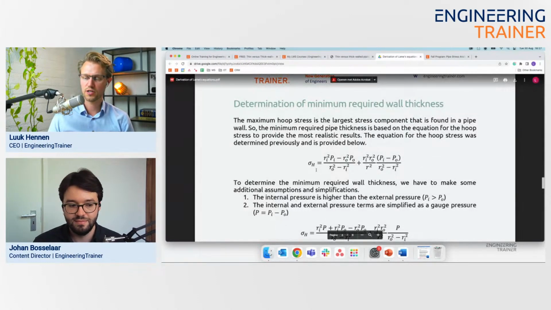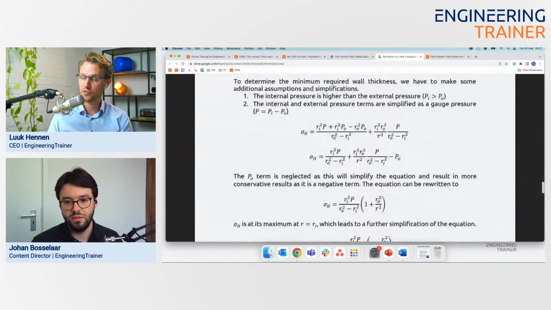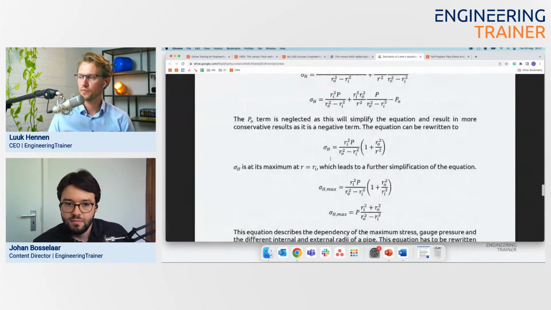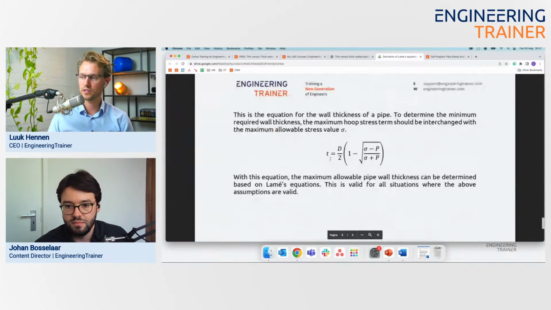We just saw it on the slides as well. And it's written here in terms of radius, inner pressure, outer pressure. If you would rewrite this in terms of diameter and gauge pressure, and thickness, right? So it's all done in that downloadable slide. So you would actually end up with the equation shown on the slide.